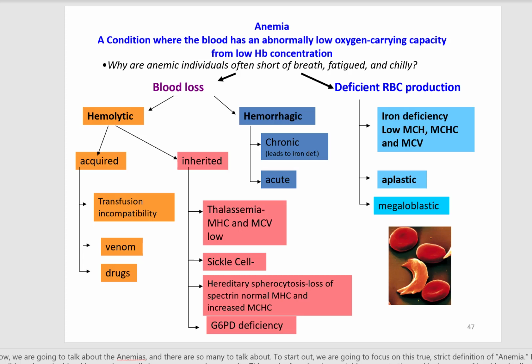Earlier, I told you that oxygen can be transported in blood in two ways, either bound to the iron within the heme group or dissolved in plasma. How much oxygen can be transported bound to iron depends on how well your red blood cells are formed or filled with hemoglobin.